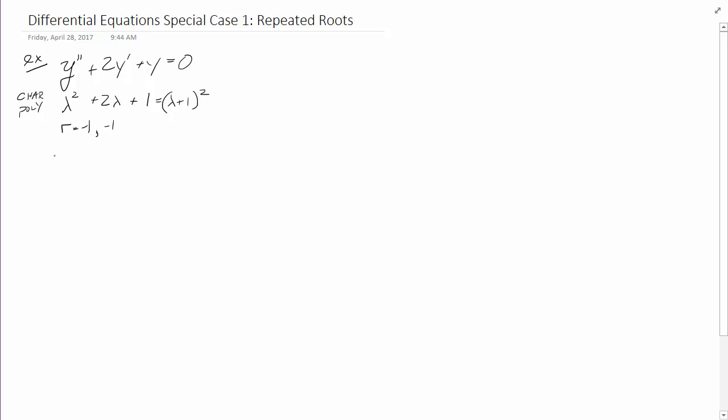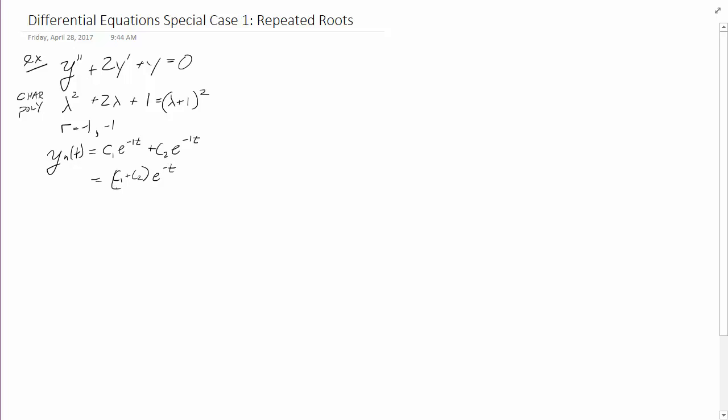So if you said, okay, let's take what we know so far and say the homogeneous solution is a linear combination of exponentials to these roots, you would say this is c1 e to the minus t plus c2 e to the minus 1t. But then you see that these are the same thing, so you might as well just say that's c1 plus c2 times e to the minus t.